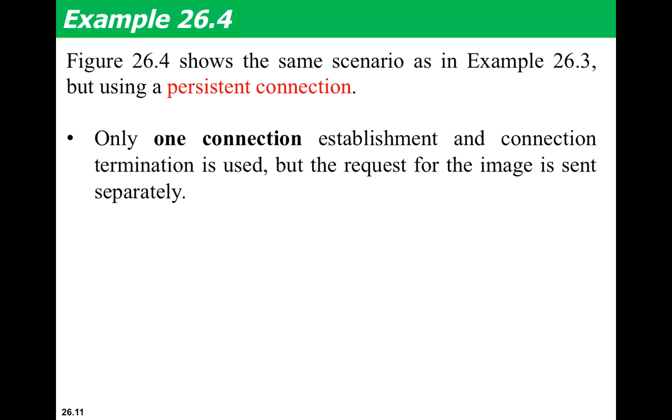Now we will look at a persistent connection. In a persistent connection, we have only one connection that is established. And once we establish this connection, we then start sending information, multiple types of information. And once everything is completed, we can then disconnect or terminate the connection.